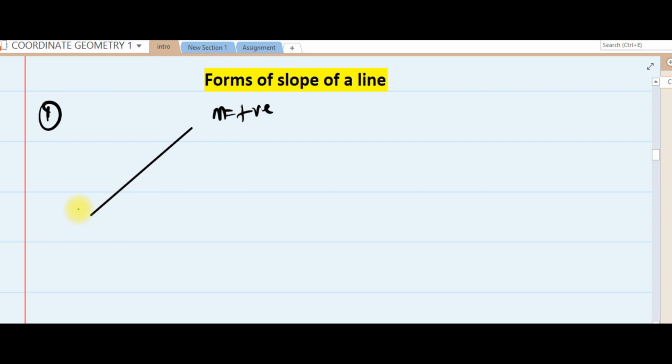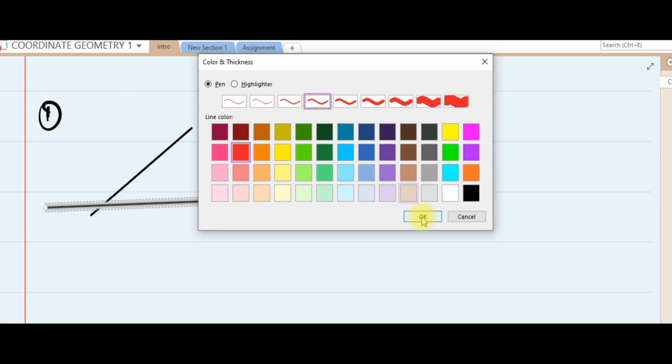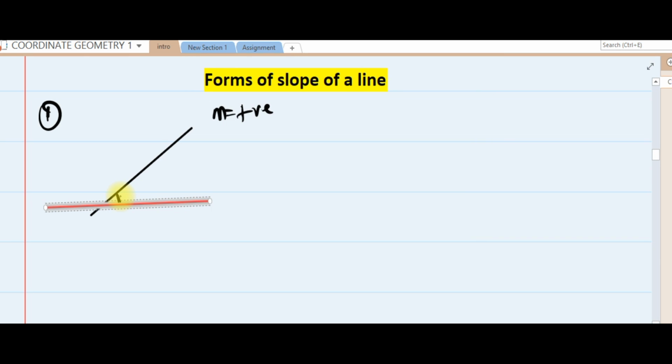Why? Because if you notice the angle here, the angle here is less than 90, so the tangent of the angle will always be positive. That is, tan theta is positive because theta is less than 90.